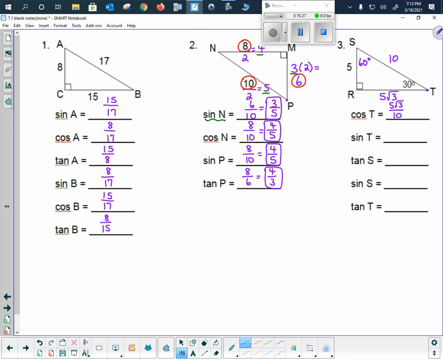Remember, we don't write ones in front of roots or variables. So this should just be √3 over 2. Final answer, box it. Okay. Why don't you turn off the video and try the next 3. Try the next 3.